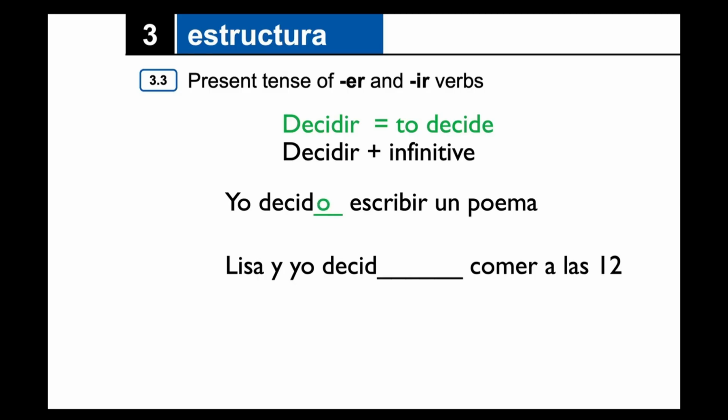And if you noticed, I conjugated decidir. Escribir, which follows decidir, I left it as an infinitive. You do the next one. Lisa y yo. What's the ending for decidir? Hopefully you said, decidimos comer a las 12. And if you noticed, comer, I left it as an infinitive.